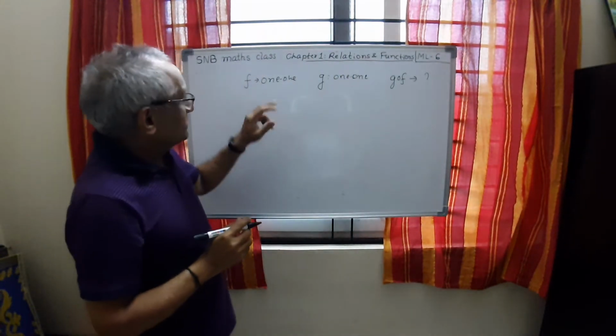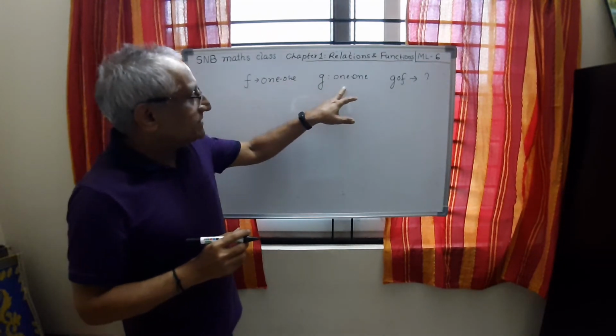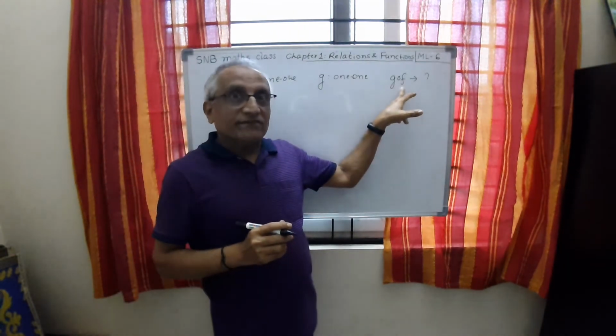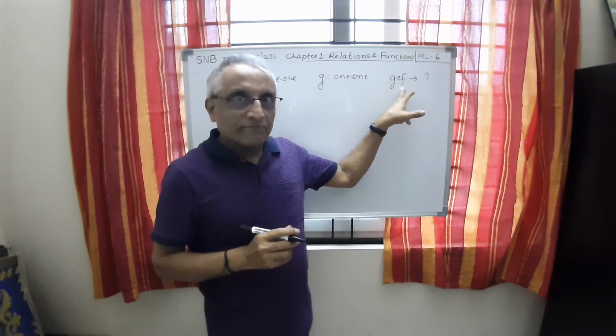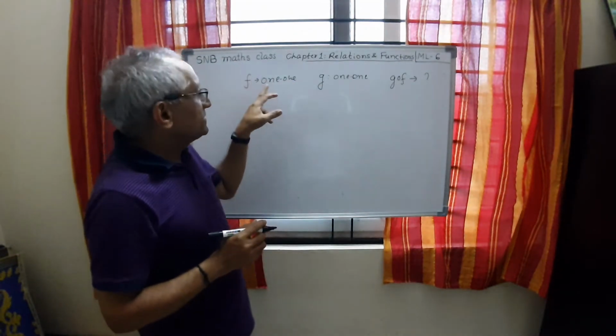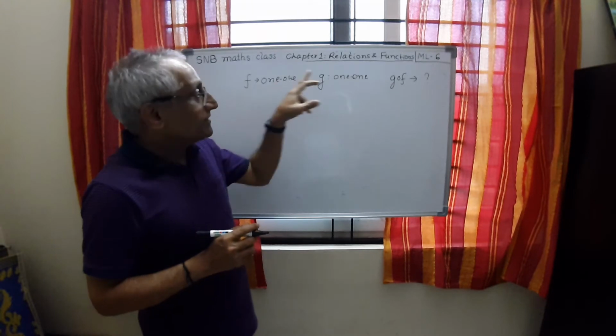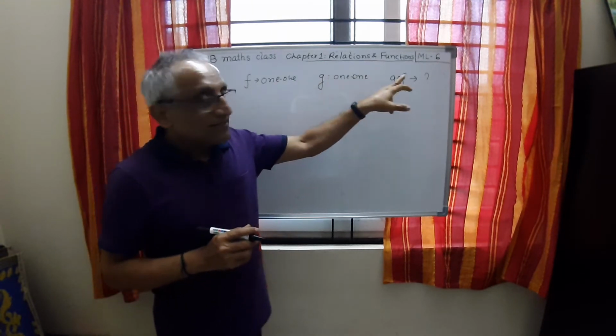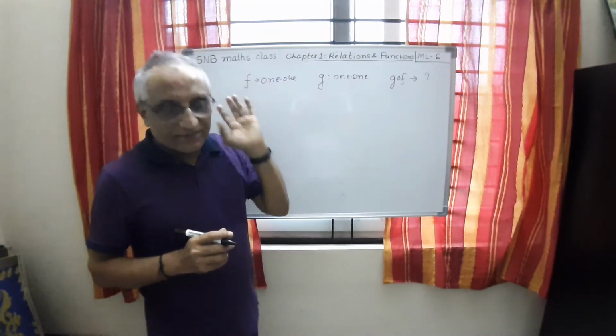Same question: if this is onto, is g of f onto? Third question is, if this is bijective, is this bijective? So these are the three questions.